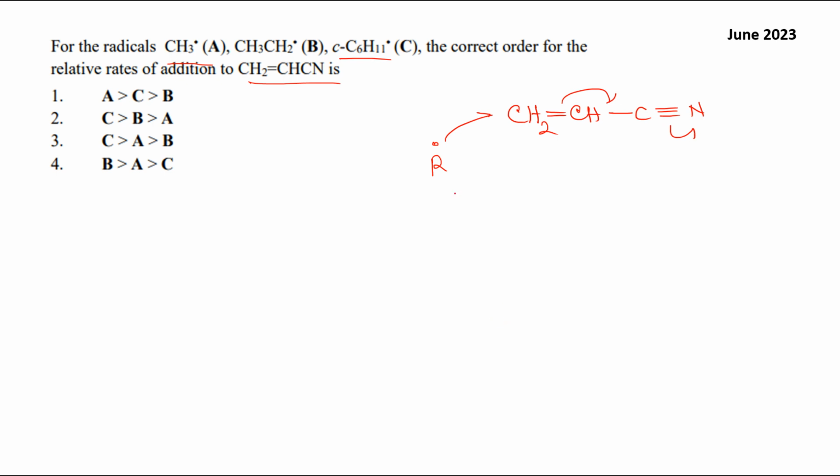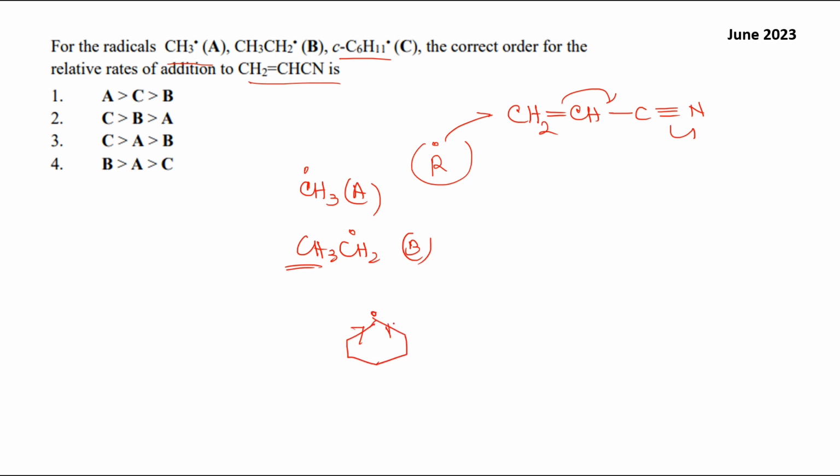In this case, if this R group is very electron rich, obviously this type of addition will be very favorable. Now when we consider CH3 dot, which is A, then we have CH3CH2 dot. Here we can see only one group is attached to CH2, which is a donating group. And in the case of cyclohexane, this is the radical.